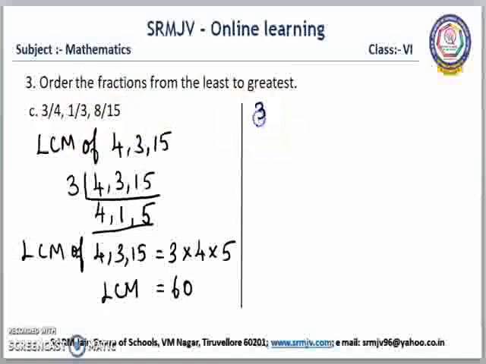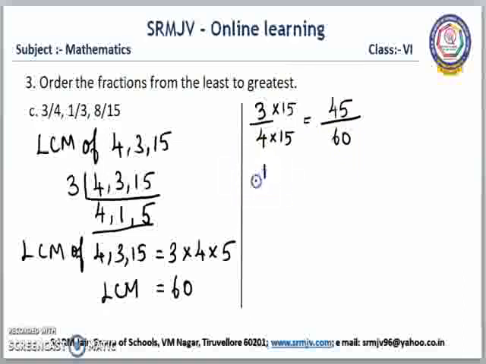We have to change the denominator to 60. In 4 table, when will you get 60? 4 15s are 60. So we have to multiply the numerator by 15. 3 15s are 45. So the fraction is 45 by 60.